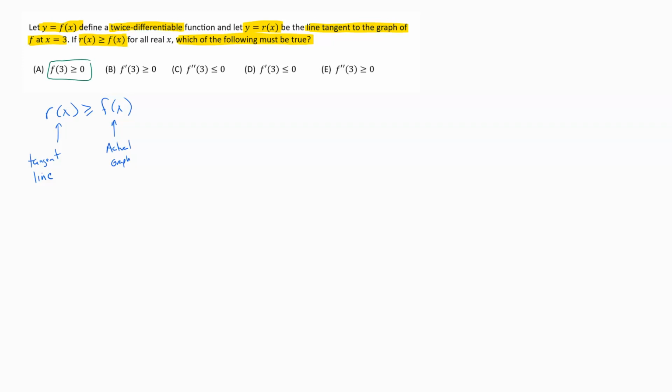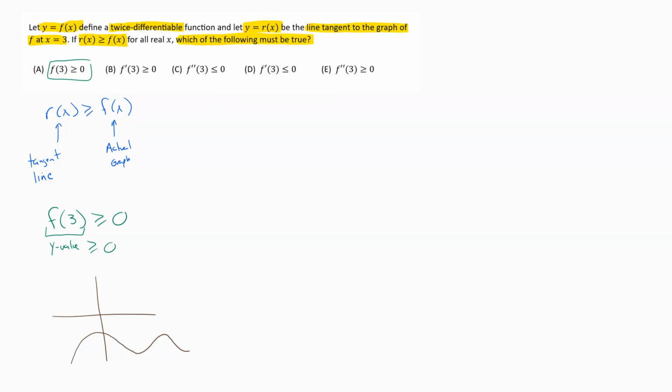So answer A here is saying to us, f of 3 is greater than or equal to 0. Well, when I'm talking about the f, the original function, what they're saying is that the y values have to be greater than or equal to 0. Well, that could be true, but there's nothing about this problem that says that it must be true. For all we know, this entire f of x graph could be down here going like this in the negative space all day long.